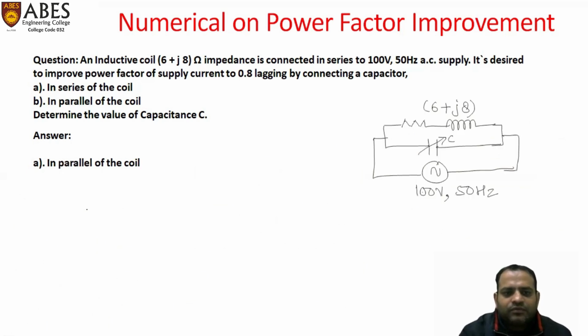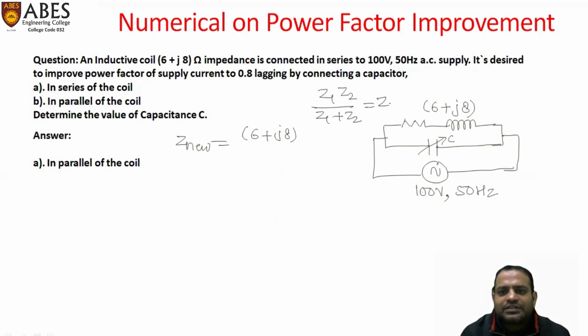Now, when we connect a capacitance in parallel, the new Z would be, with Z1 as 6 plus j8, like Z1 Z2 upon Z1 plus Z2 for this new circuit. So this is Z1. What would be Z2?